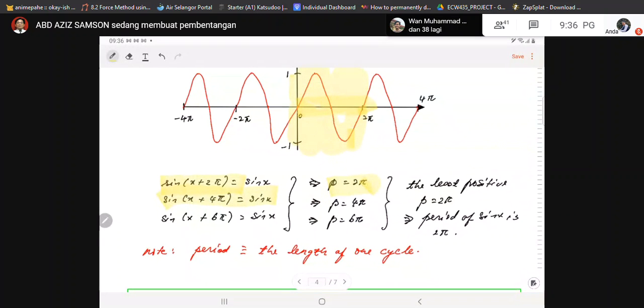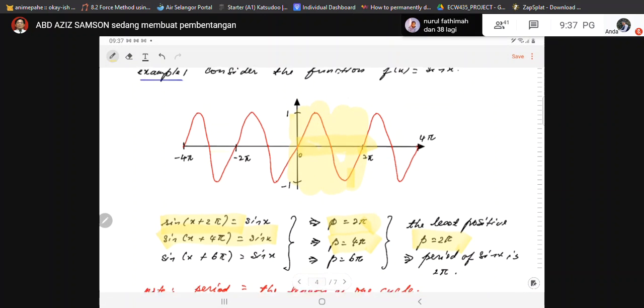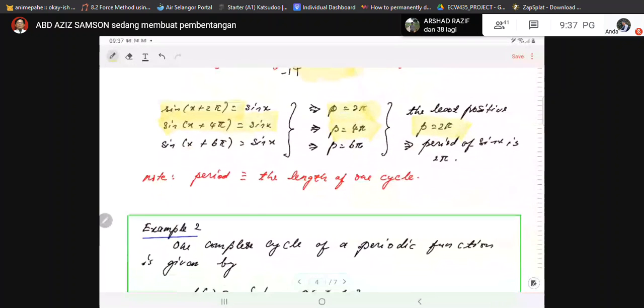At the same time, sine of x plus 4 pi is also equal to sine x, so p is 4 pi, and so on. But the least positive value there is 2 pi. Therefore, we make 2 pi the period of sine x. And in the same way, f of x equals cos x also has a period of 2 pi.